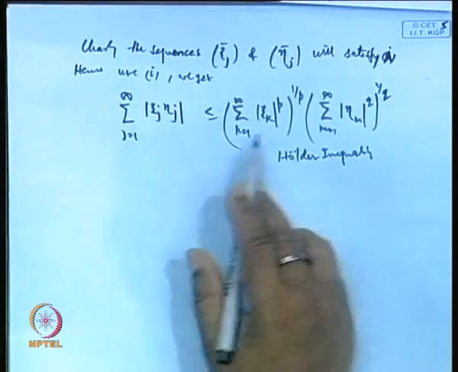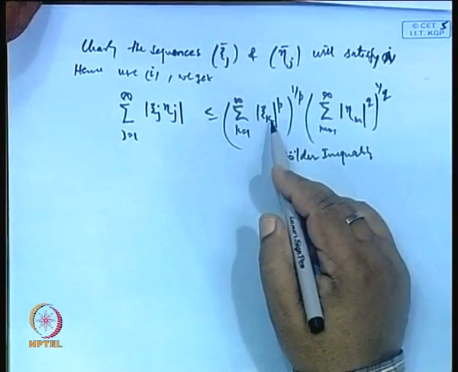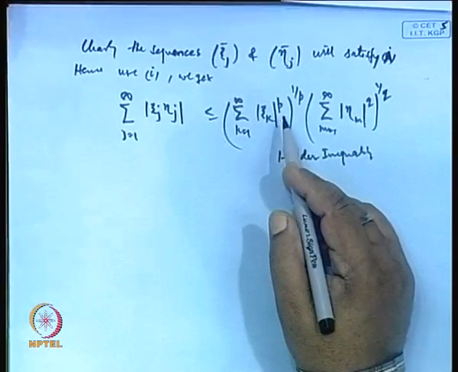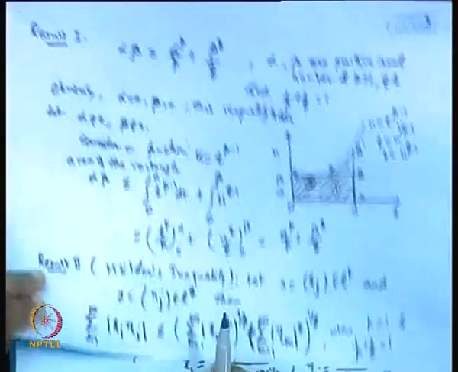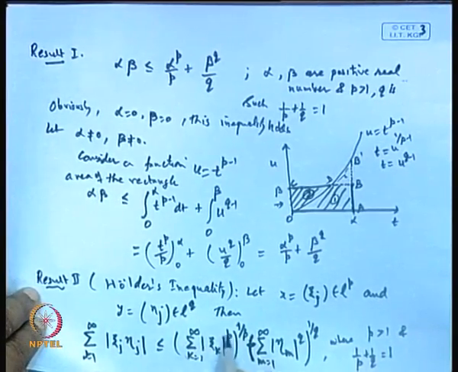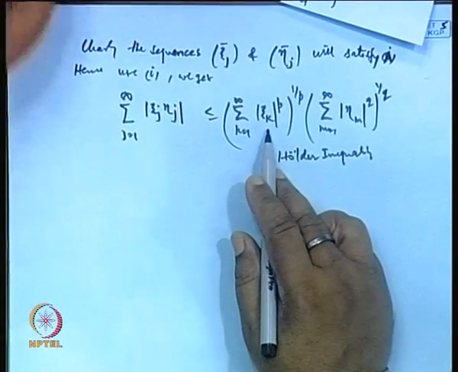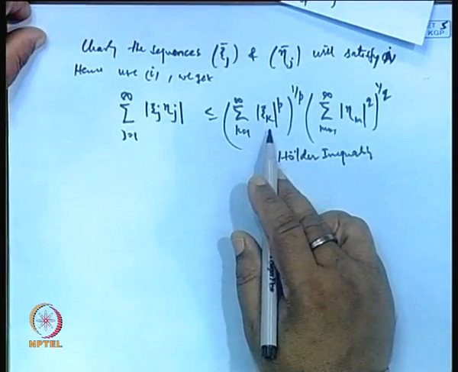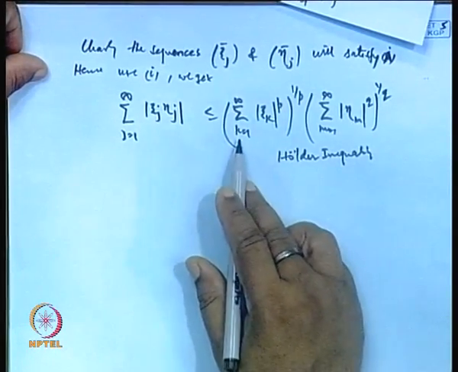In fact, because the series sigma of mod xi_k to the power p is convergent, why? Because the sequence x is in l^p. So, this part will be finite, that is the sequence xi_k will be an absolutely p-th summable sequence. So, the absolute sum will be finite.